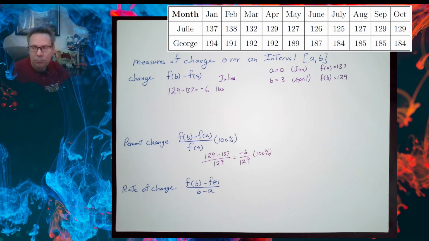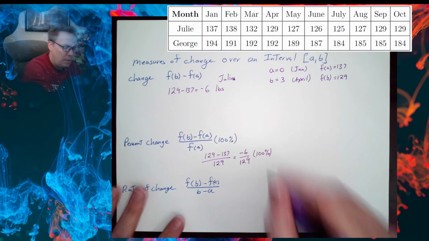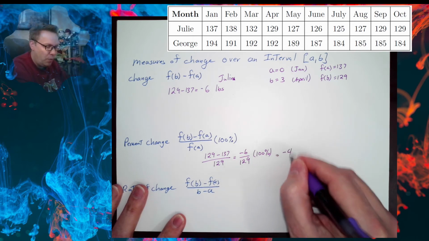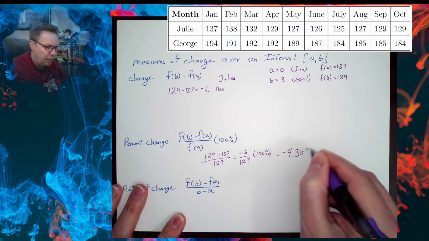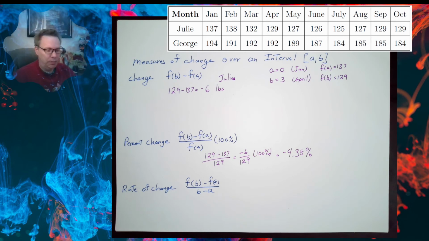So take a calculator and compute what this is. So I wound up getting negative 4.38%. So that's the percentage of weight that Julie lost from January to April.